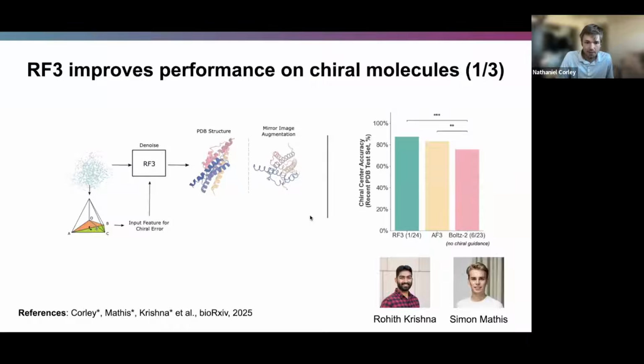So instead, we thought that by embedding the vector of the atoms, or the gradient of the chiral error with respect to the atoms, it would essentially tell the model which way it needs to move these atoms in order to make the stereocenter conform to the correct chirality, which is a much more natural way of embedding this information.